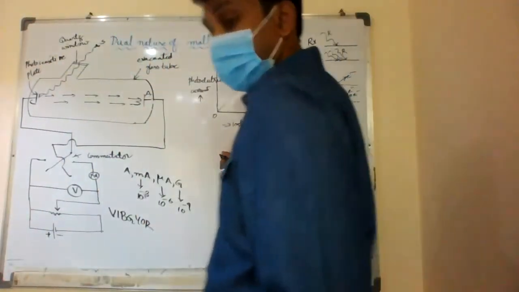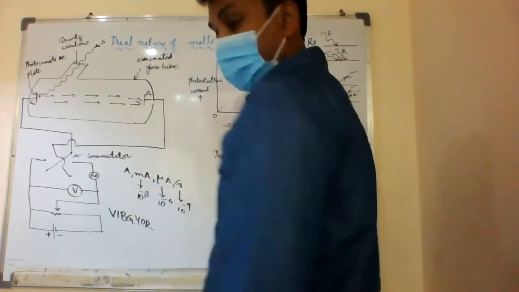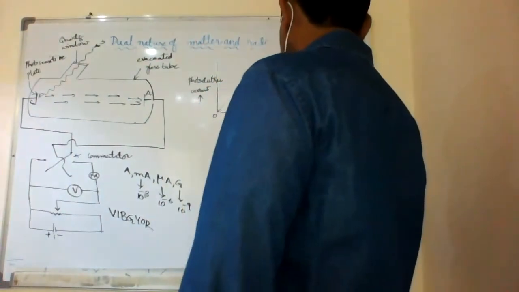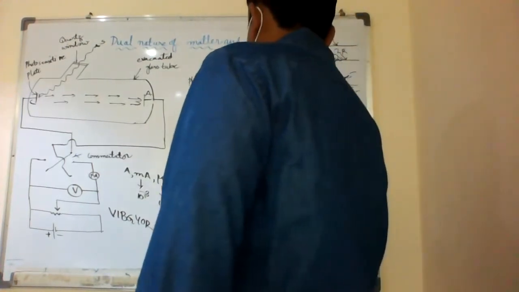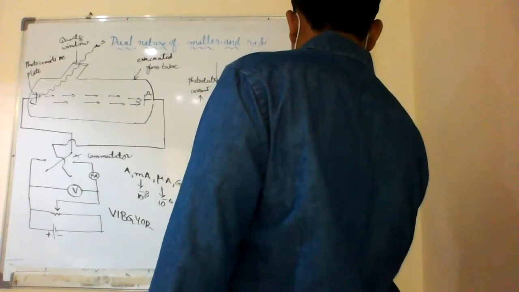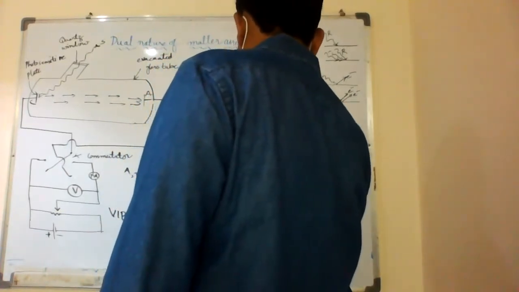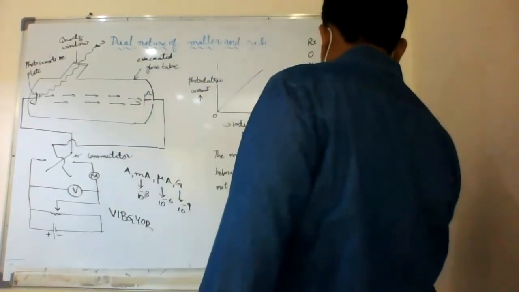It is the minimum cutoff frequency nu naught below which ejection of electron is not possible. This is called threshold frequency.